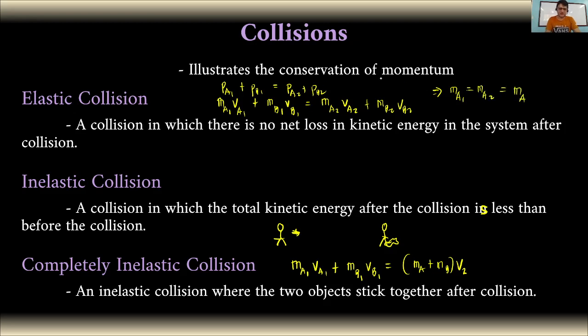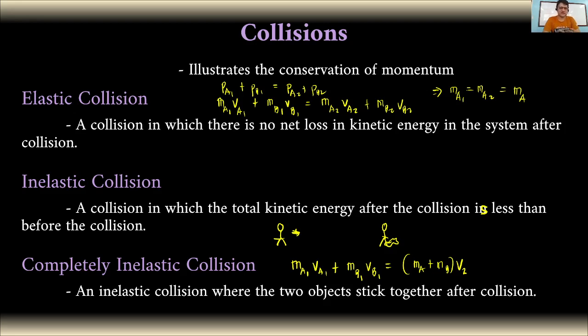We are just writing it this way for generality of this equation, because there are some cases, very few cases, where the mass changes. But here we can just write MA1 equals MA2 equals MA, or MB1 equals MB2 equals MB.